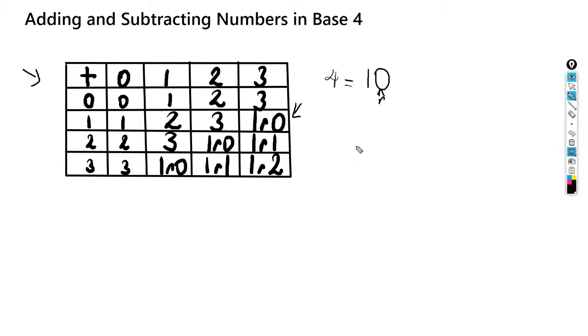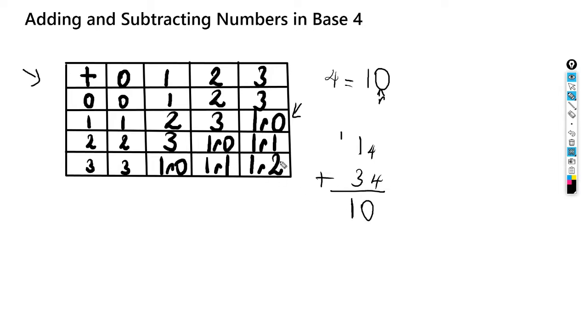So let's just do that. Let's add 1 in base 4 plus 3 in base 4. We should get a 1 here and a 0 here, so 1, 0. Then let's look at the others. 2 plus 0 would give us 2. 2 plus 1 would give us 3. 2 plus 2 would give us 1, remainder 0.